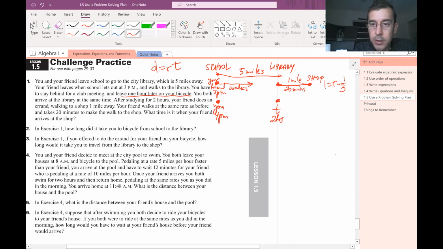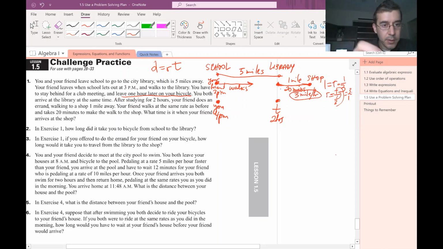Because there are 3 20-minute chunks in an hour, so that's 1 over 3 hours. So R, the rate of walking of the friend, would be 1 over 1 over 3. 1 can be represented as 1 over 1, and then we multiply outside terms and inside terms. So 1 times 3 is 3, 1 times 1 is 1, 3 over 1, or that's just 3. So your friend is walking at 3 miles per hour.